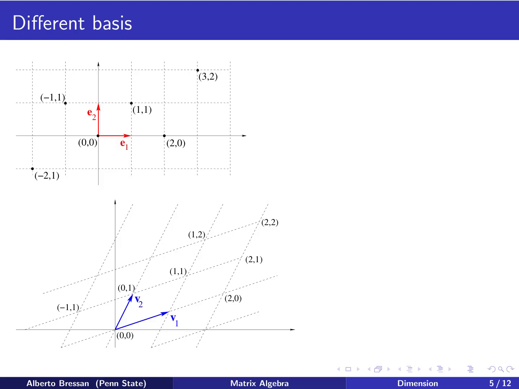And then in a different basis, different coordinate system, for example here, if you use v1 and v2, how do you form the grid? Well, it's a similar idea, except that now you have to take parallel lines parallel to the basis.